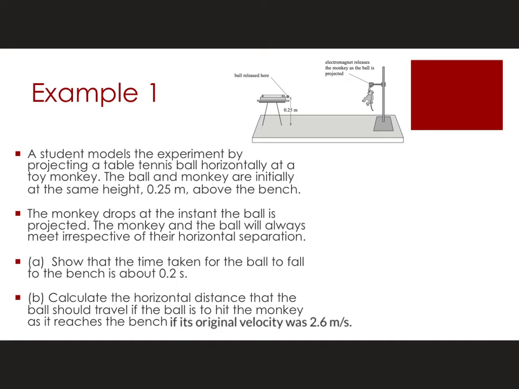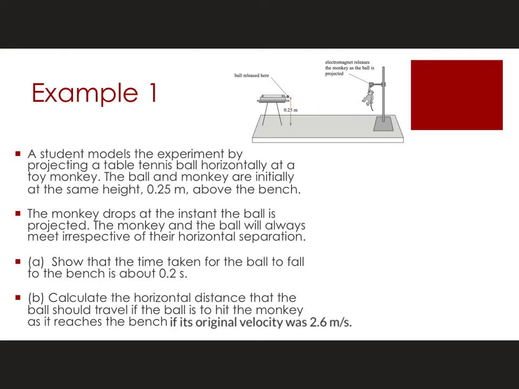And the thing is, if they're released at the same time, my monkey is going to fall down and my ball isn't actually going to go straight forward. My ball, if we are ignoring air resistance, will travel at a constant speed this way. But by the time it reaches over here, it's also starting to fall.